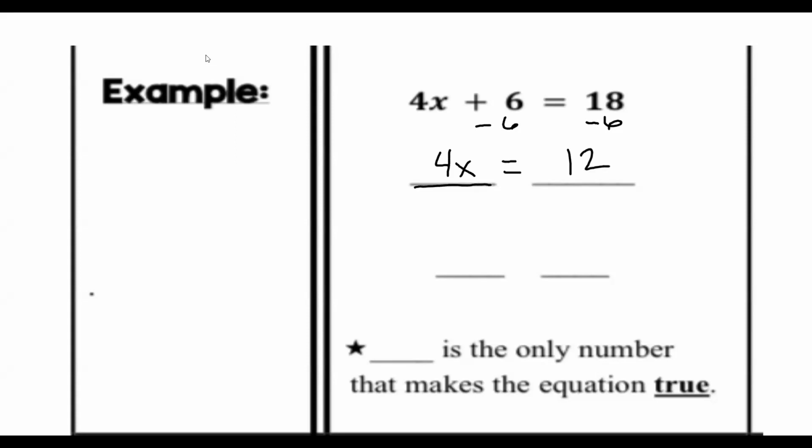Then we're going to divide both sides by 4. And x is going to equal 3. So we only have one solution to our equation. 3 is the only number that makes the equation true. So that means it's one solution, and that one solution is 3.